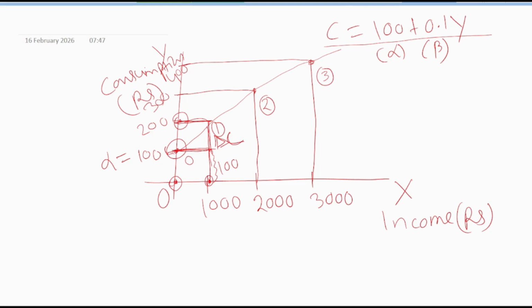So when income increases from 0 to 1000, this will be called delta Y. When income increases from 0 to 1000, consumption increases from 100 to 200. So this will be delta C and this will be delta Y. So beta will be equal to delta C by delta Y.